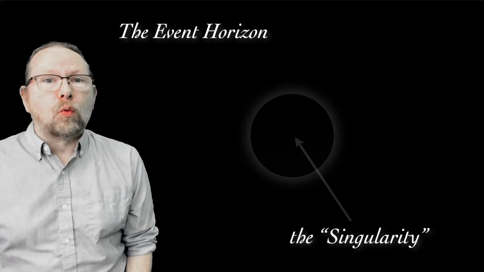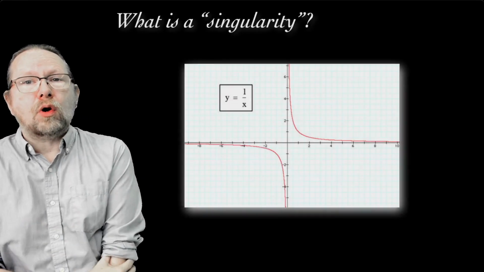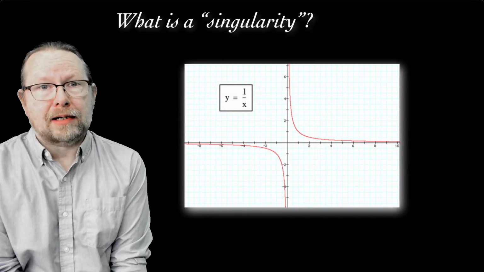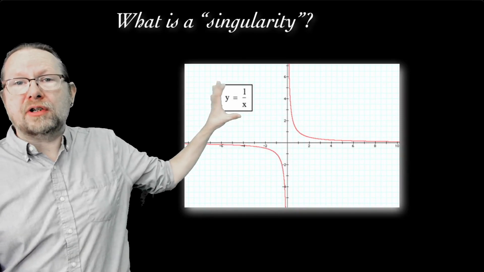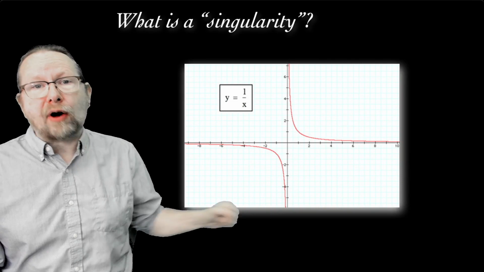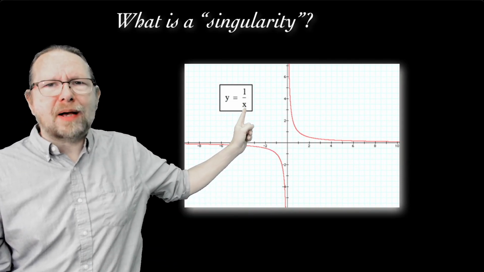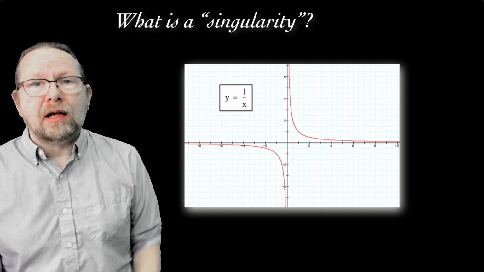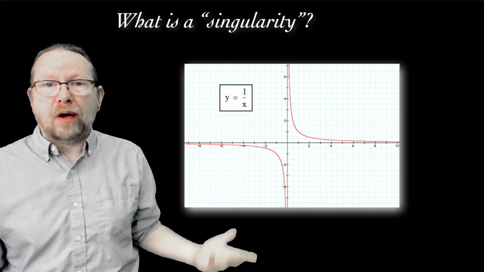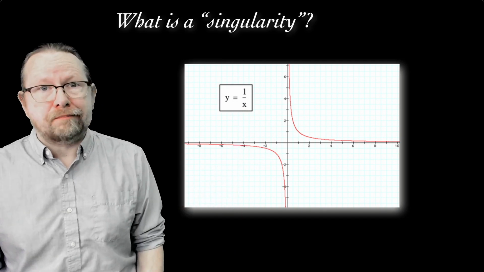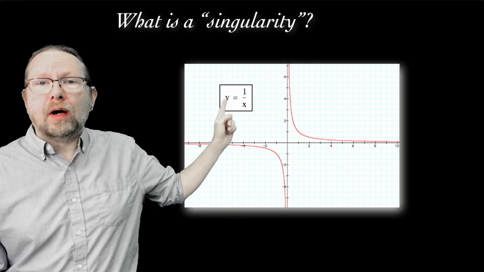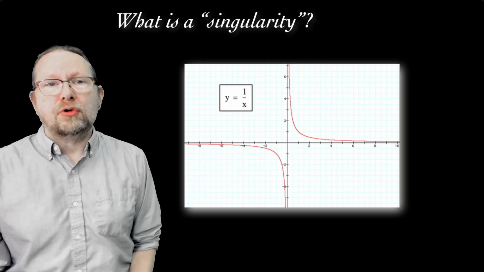It helps to understand where the word comes from. The word singularity comes from mathematics. If we take a mathematical function like y equals 1 over x, we can make a graph of it. I can take any x and plug it into this function and get a y. If x is 1, y is 1. If x is 2, y is a half.